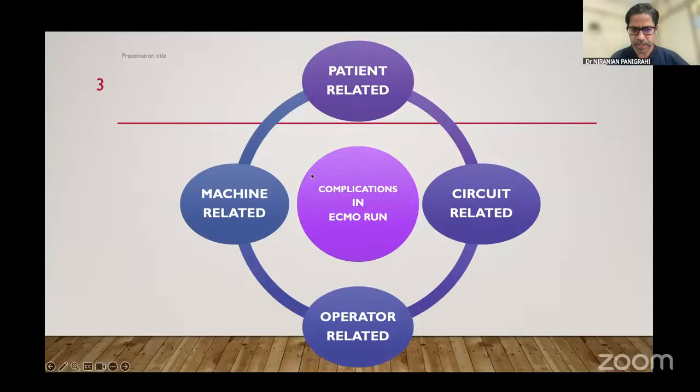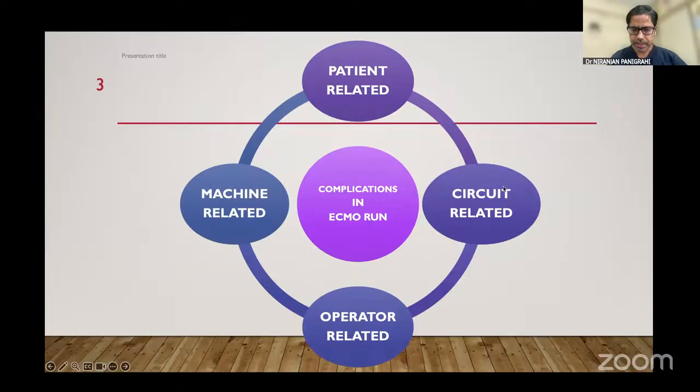Then there are two external things. One is the machine, and the second is the consumable or the circuit. There are setup problems which can come because of an inherent problem with the machine. We'll go into the details. Some problems can come with the consumables, that is the circuit, oxygenator, or the pump.